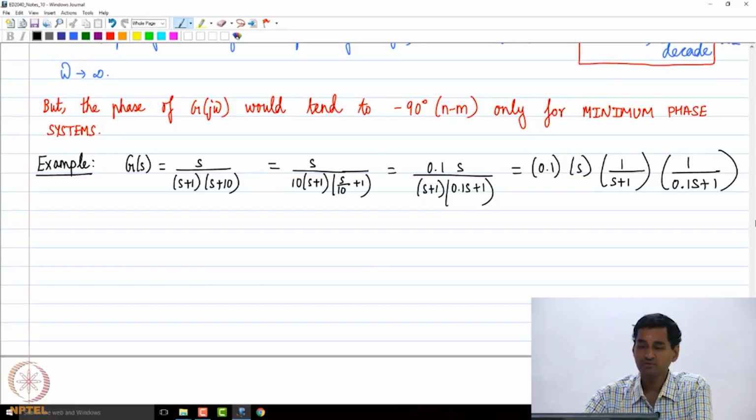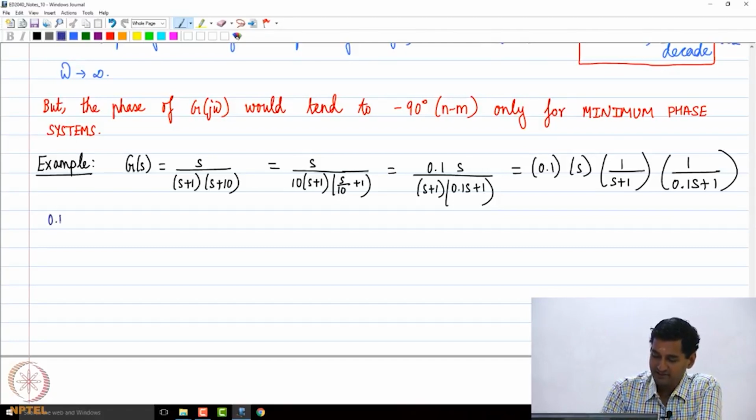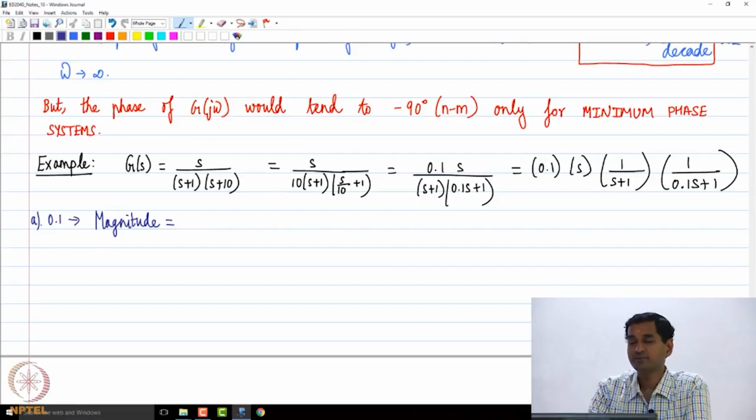Okay. So, if I start looking at each term, if I take a look at 0.1, what can I say about its magnitude in decibels? If I take the logarithm and multiply it by 20, how many decibels will I get?